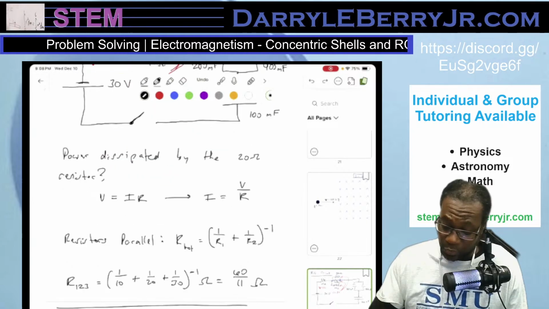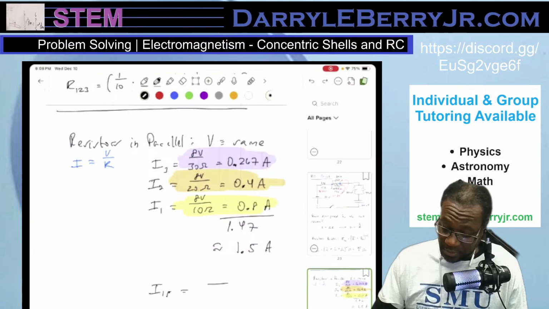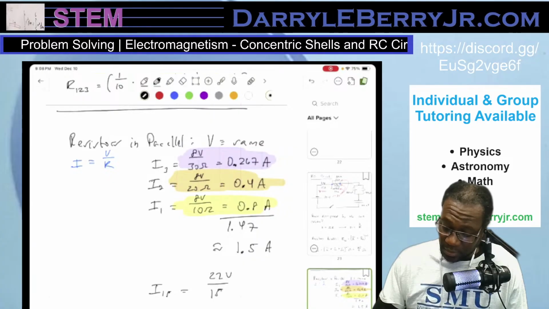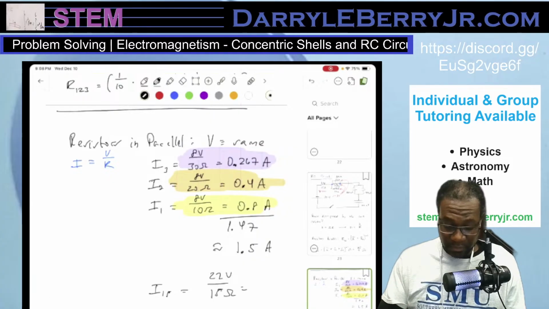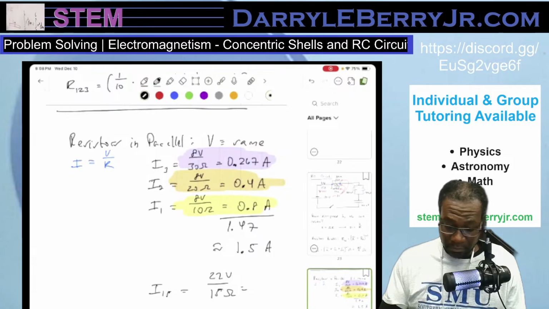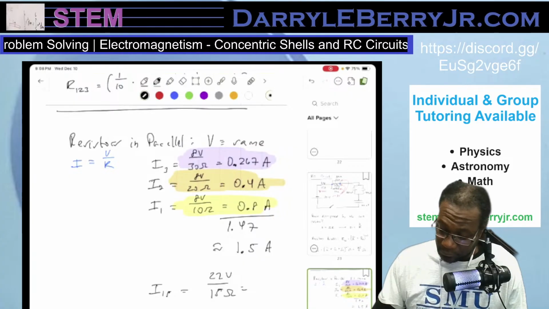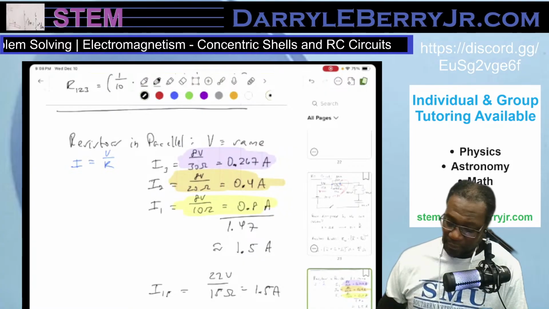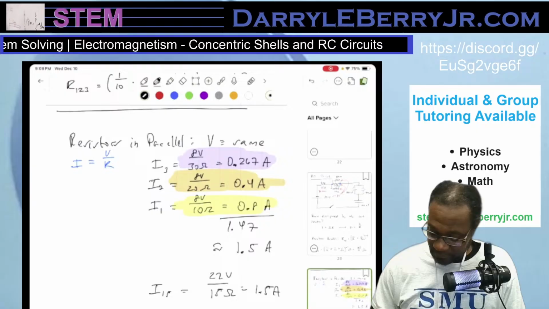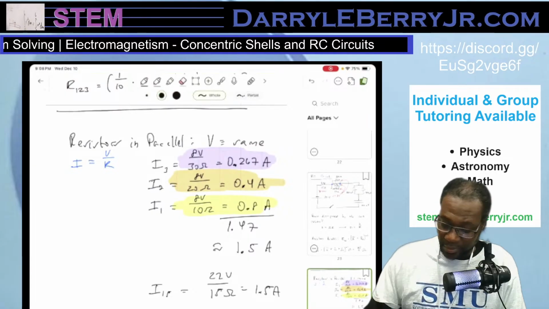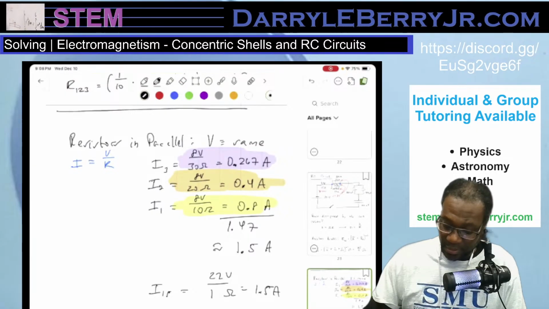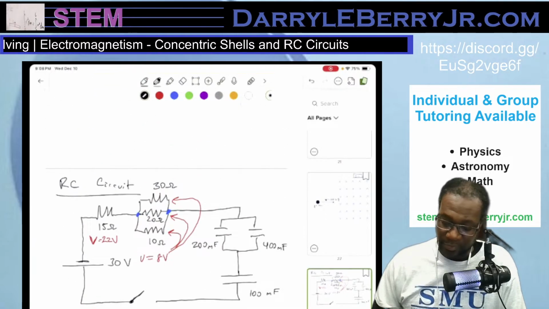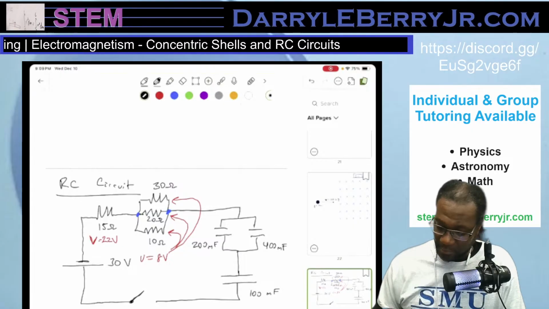It has to step down, so it's actually 22 volts divided by 15 ohms. So it's going to be about 1.5. So it works out. Of course, physics being what it is, we expect it to work out. The current going through the entire circuit is 1.5, and it divides appropriately between the different resistors according to whether they're in parallel or series, and how much resistance they have.